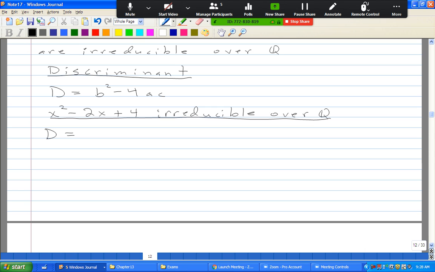So let's look at what this is. I have b, negative 2, squared minus 4 times a, 1, times c, 4. And so 4 minus 16 is negative 12, which is less than 0. So my discriminant here is less than 0.